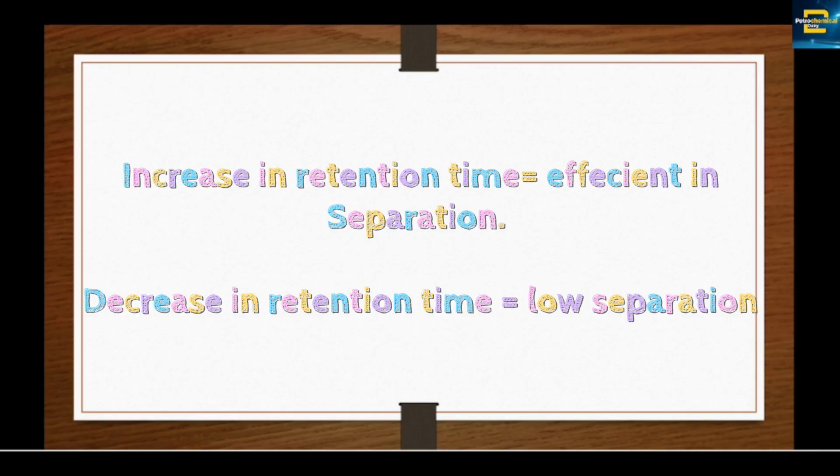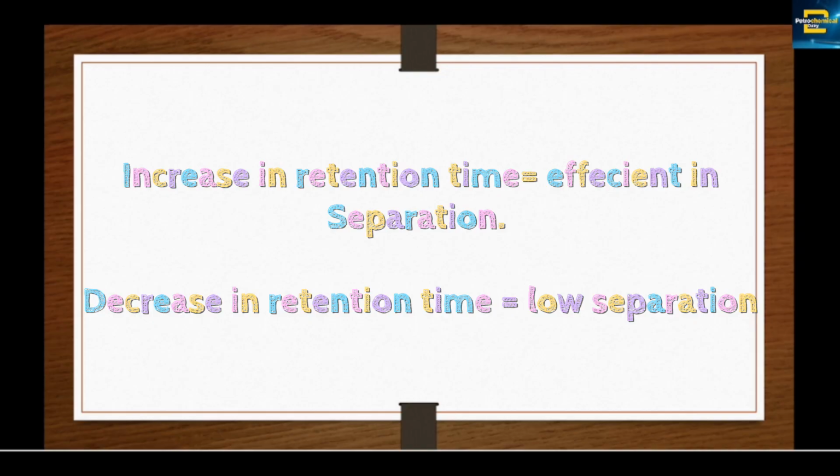So we use a lesser time to cook our indomie and we use more time to cook our soup. But if we are supposed to use a duration of 2 hours to cook a soup and we now use 30 minutes, the soup will not have a good taste. So that is what this retention time is.